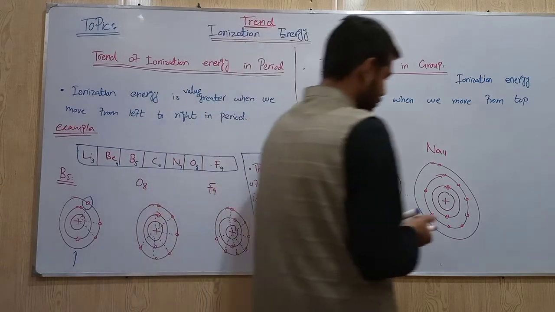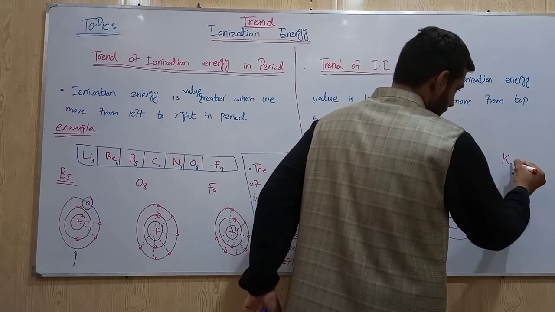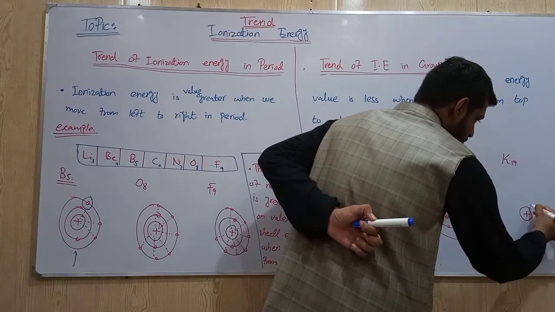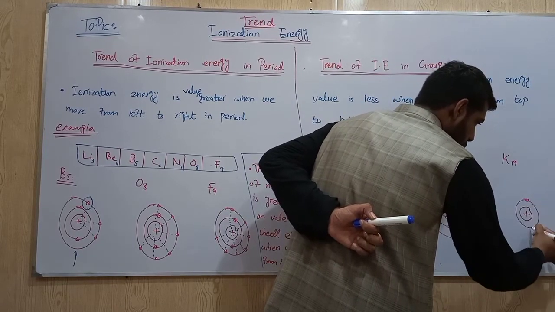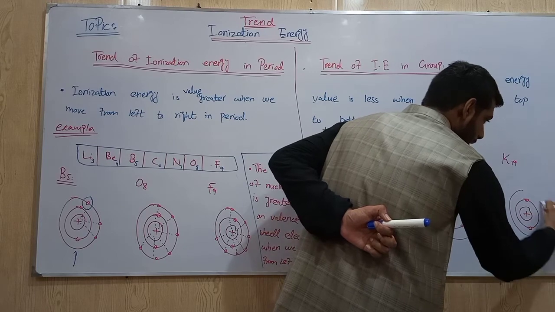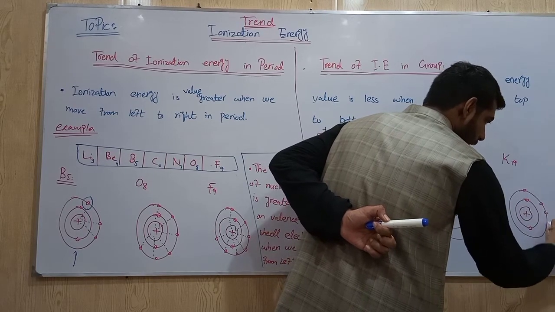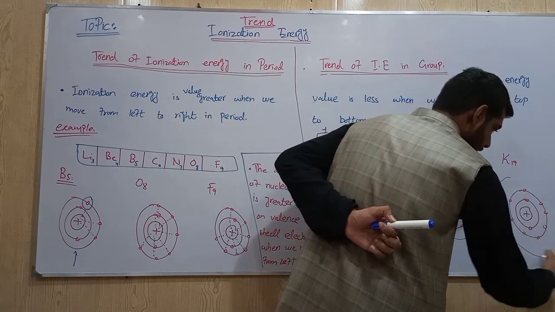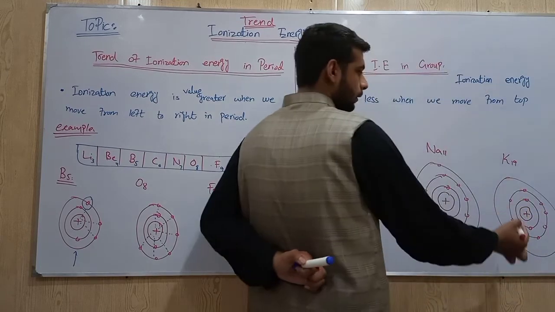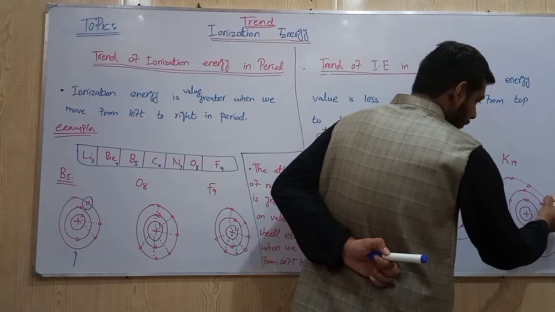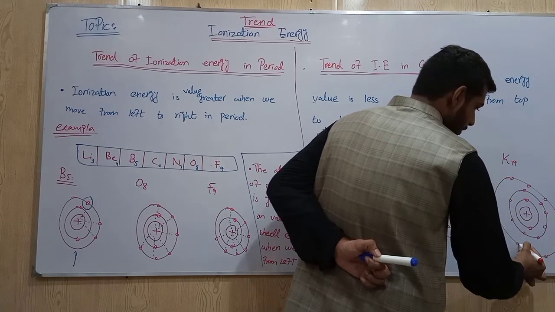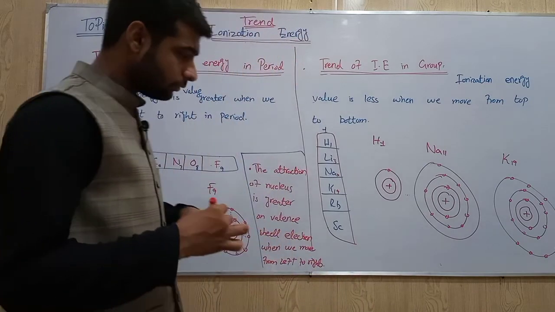Similarly, when we write the structure of potassium, whose atomic number is 19, the center of the atom is the nucleus, the first shell has 2 electrons, the second shell also has 8 electrons and the third shell has 8 and 1 more electron.